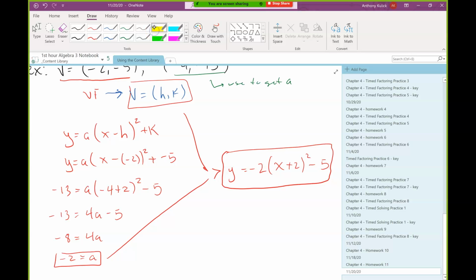The thing that I see students often forgetting is that our final answer should have X and Y in it, not numbers in those places. So make sure you don't write that with the -13 and the -4 still in those spots.